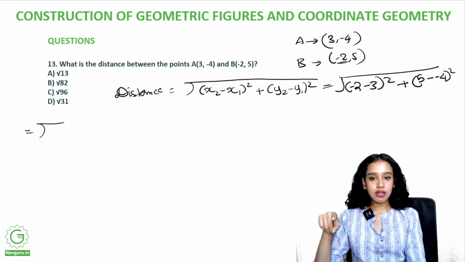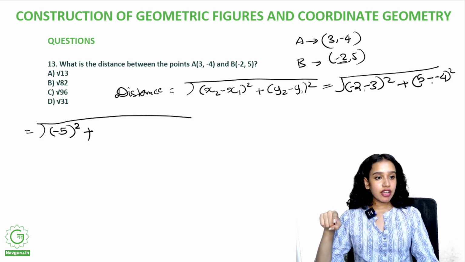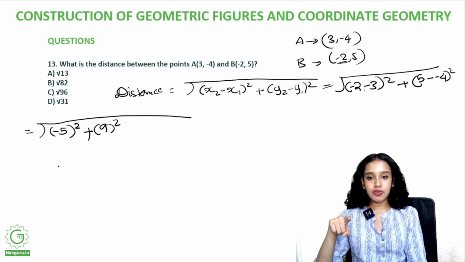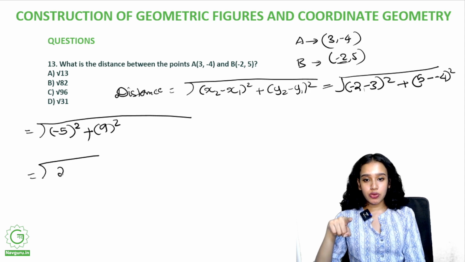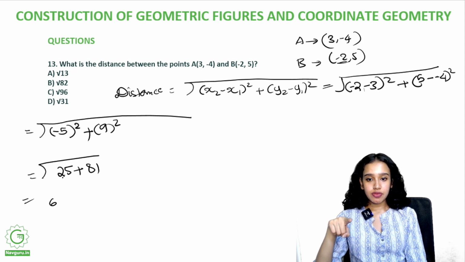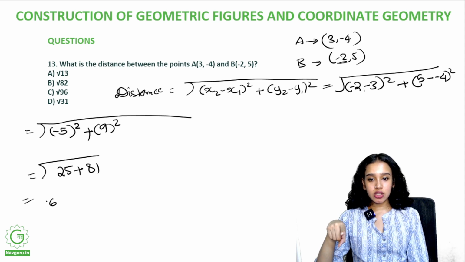This would give us minus 2 minus 3, which is minus 5, the whole square, plus 5 minus minus 4, which is 5 plus 4, which is 9, the whole square, which is equal to root of 25 plus 81. We'll get 106.